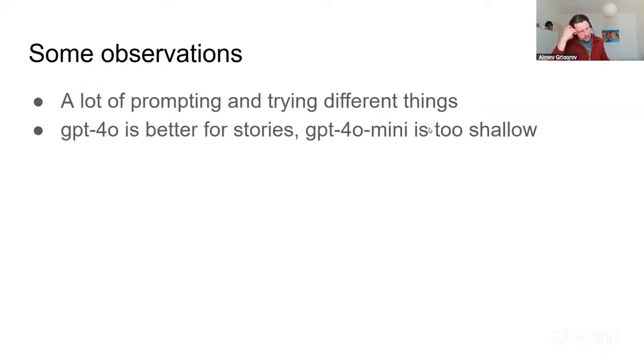Then, when GPT-4o mini just appeared, I thought, wow, it's 20 times cheaper. How about I try using it for generating stories? First of all, its grammar was even worse, its Russian was even worse than 4o. But then it could not follow the plot. It had plot holes. For example, somebody dies in the story, but in the next paragraph this person is already alive.